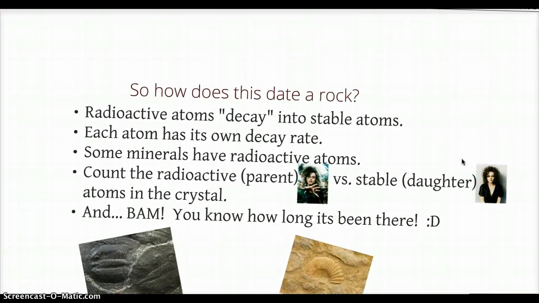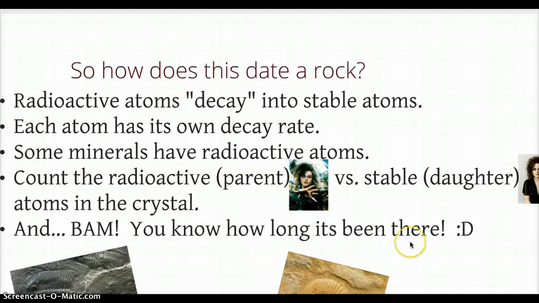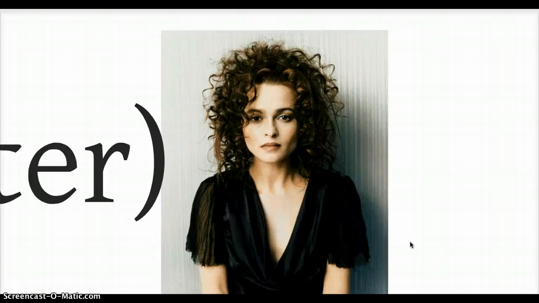So if we were to look at this in more detail, what this really means is this: radioactive atoms decay into stable atoms. Each atom has its own rate of decay. So this is kind of like a math problem. Some minerals have radioactive atoms in them. So if we can find minerals that contain radioactive atoms, we count the number of radioactive parent atoms, the crazy unstable ones like this, and we compare that to the number of stable daughter atoms, the more normal kind.